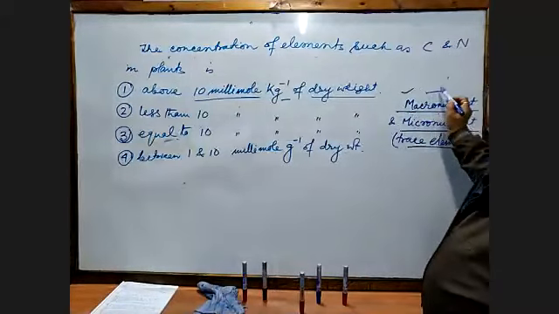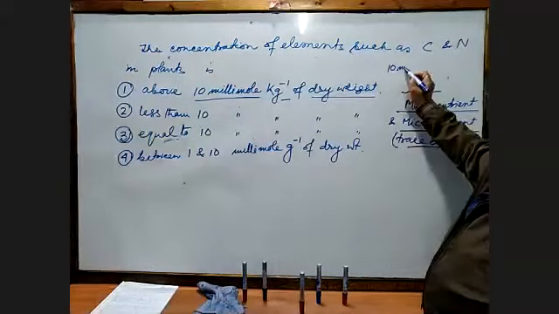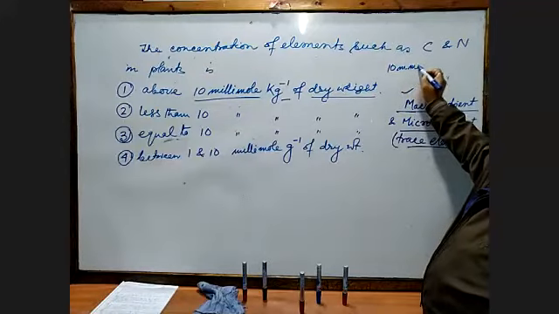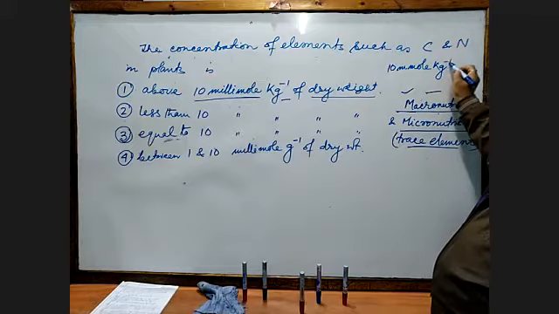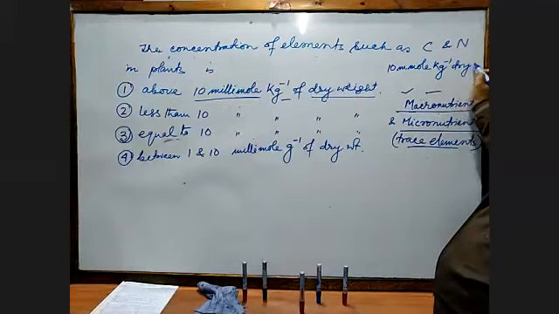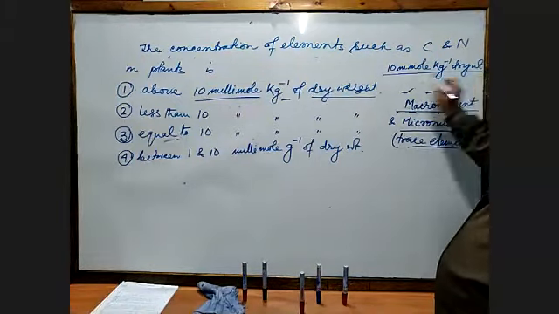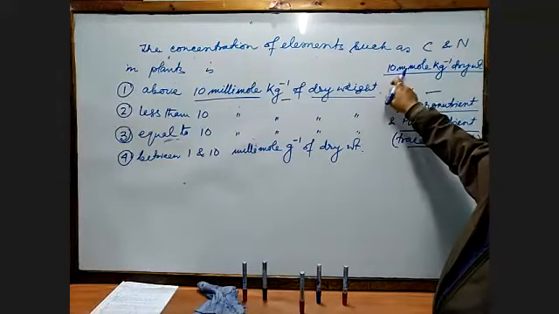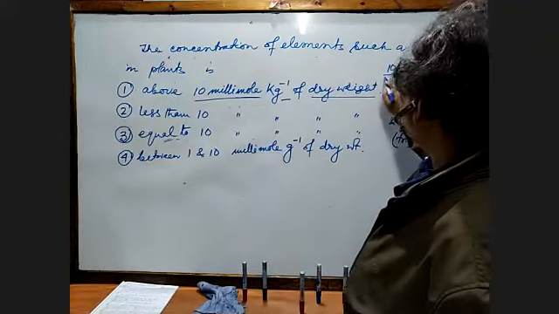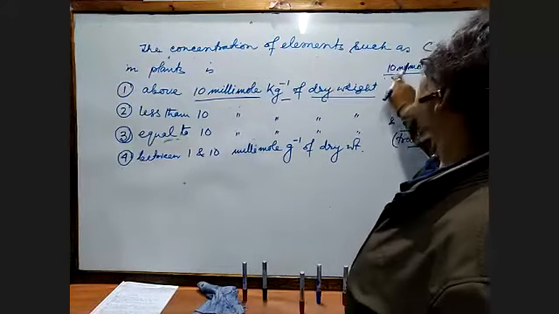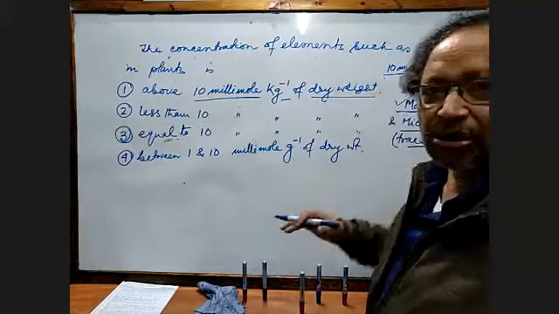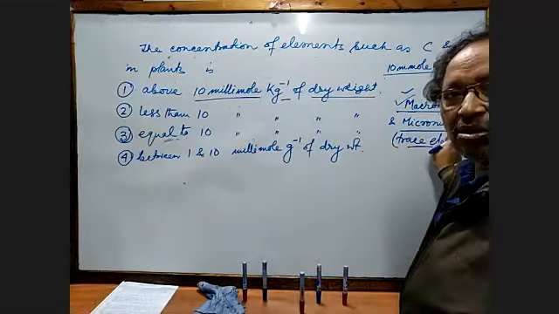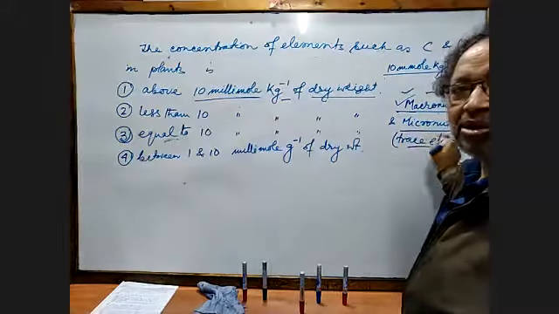So for macronutrient, this 10 millimole per kg dry weight is the boundary. Above this is the macro element, and below this is the micro element or micronutrient.